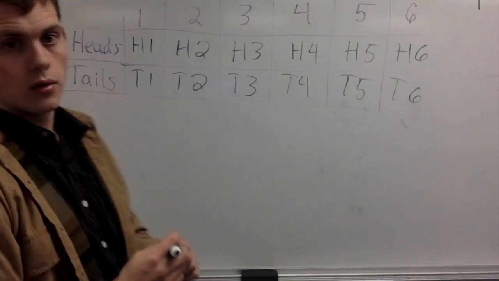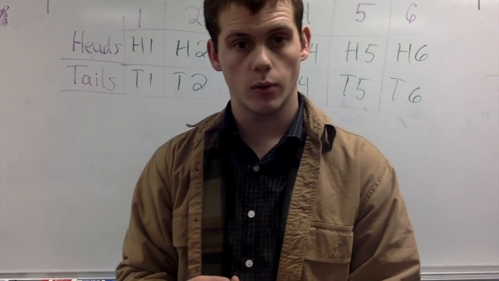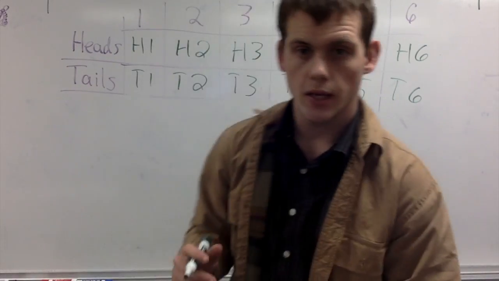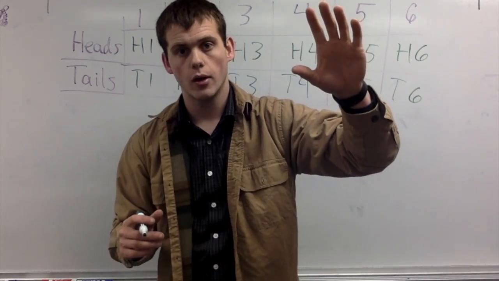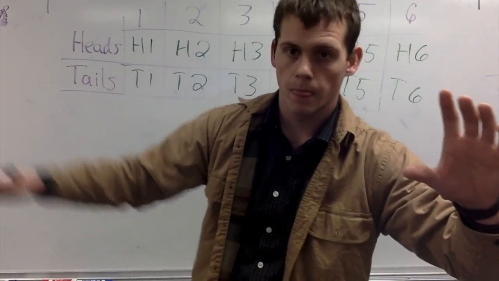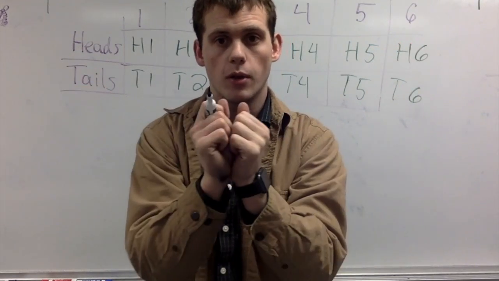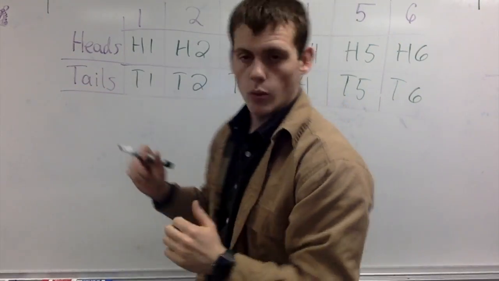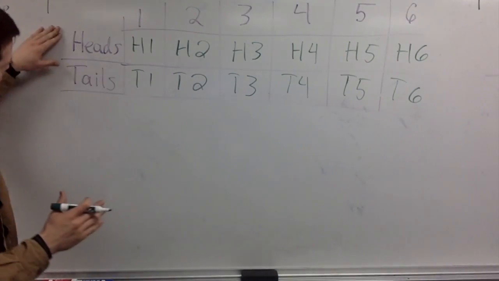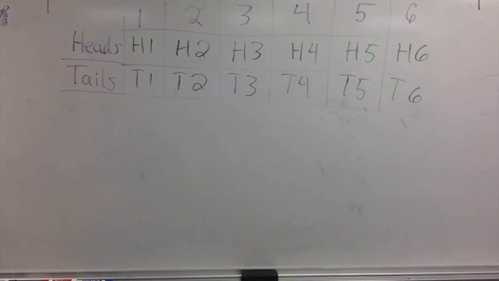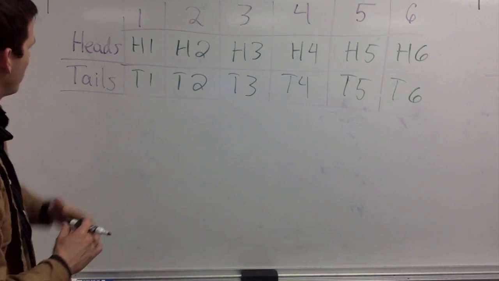So we learn from our fundamental counting principle that we take the number of times something could happen for one thing, the number of times something could happen for another thing, and we multiply them together. So we ask ourselves, how many different options are there for a quarter?